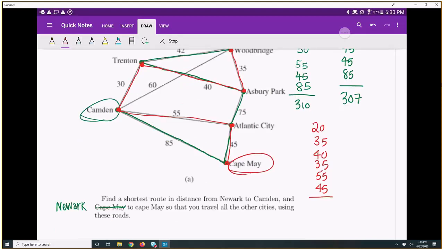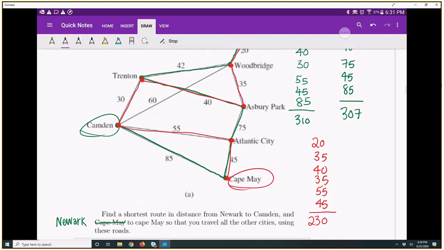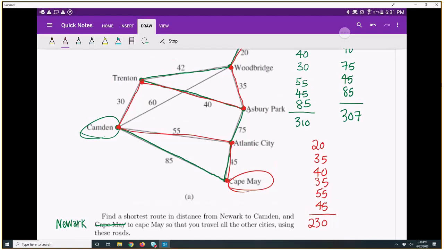So my total trip from Newark to Cape May is 230, I think, 55, 95, 130, 185, 190, 230, right. And I've still traveled through all of the cities. I did this following the closest neighbor algorithm.